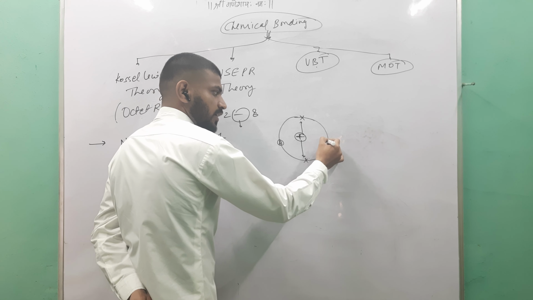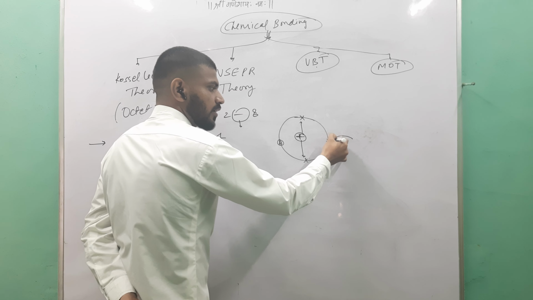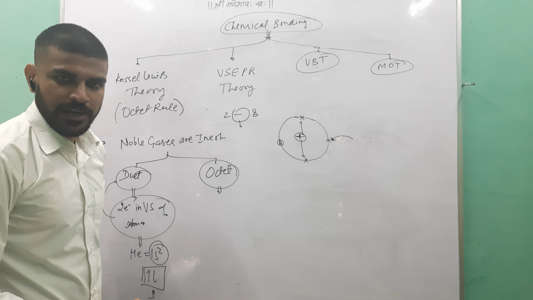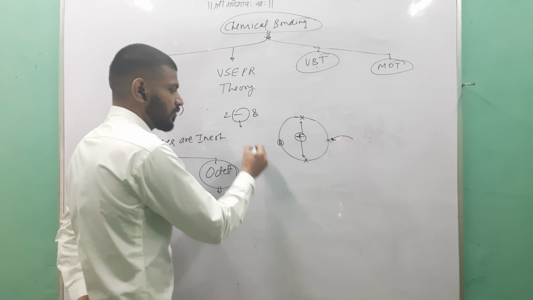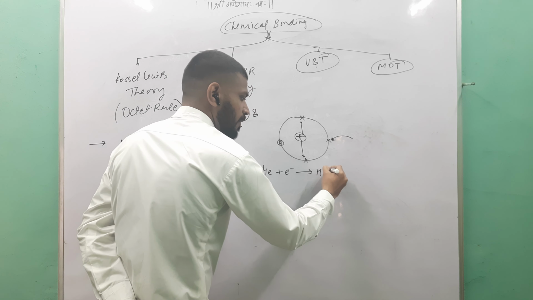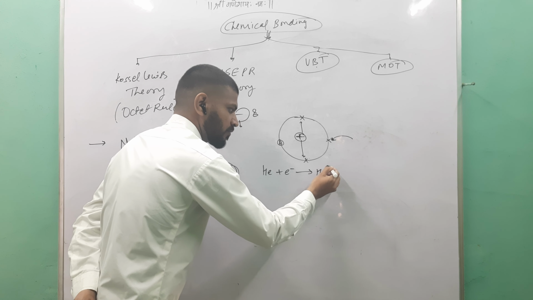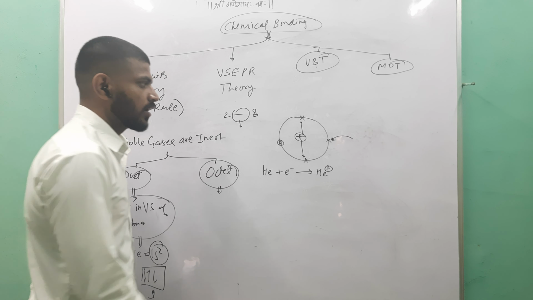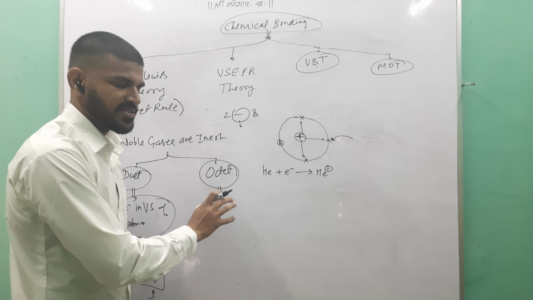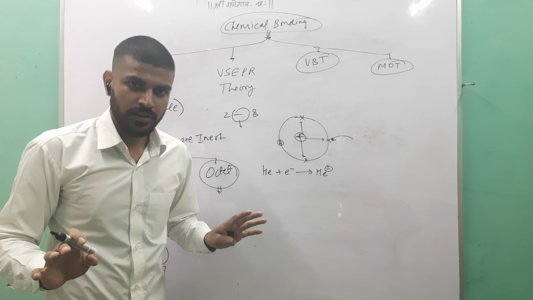If we enter one more electron in this valence shell of a helium atom, there will be helium negative. This nucleus can hold this electron easily because its size is small. There is no worry about that.